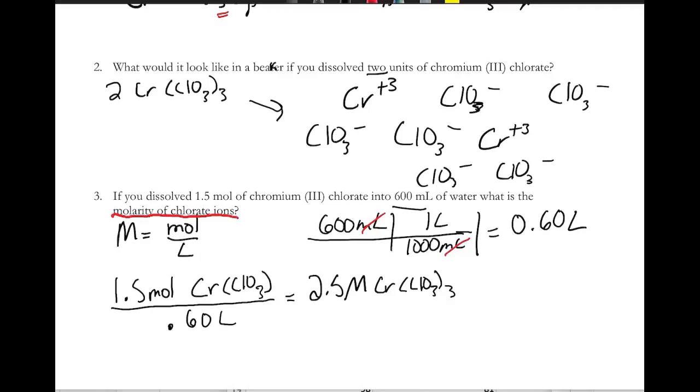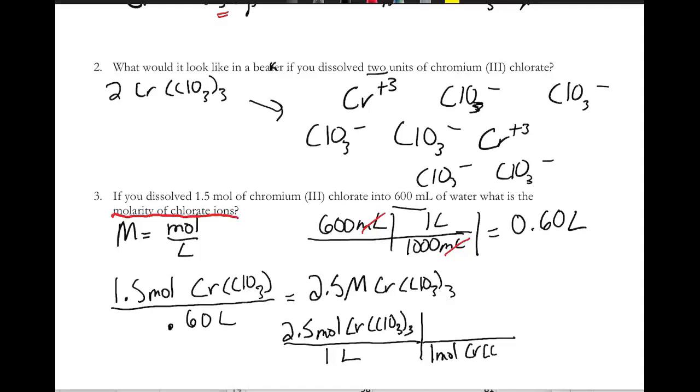So if we know there are 2.5 mole of chromium chlorate per every 1 liter, I can then look at the equation, the formula of my salt, and find the equivalency. I know that for every 1 mole of chromium 3 chlorate, there are 3 mole of chlorate ions.